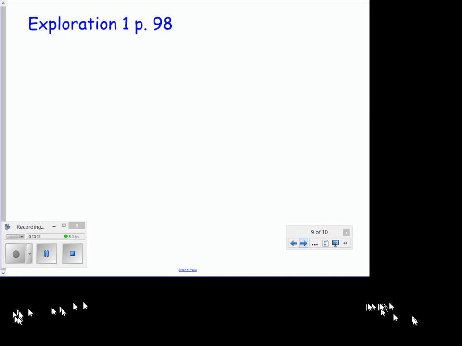So let's go to page 98, the exploration. You're going to do that with your partner. When you're finished, you're going to check your answers with the people in front or behind you to see if you have the same thing.